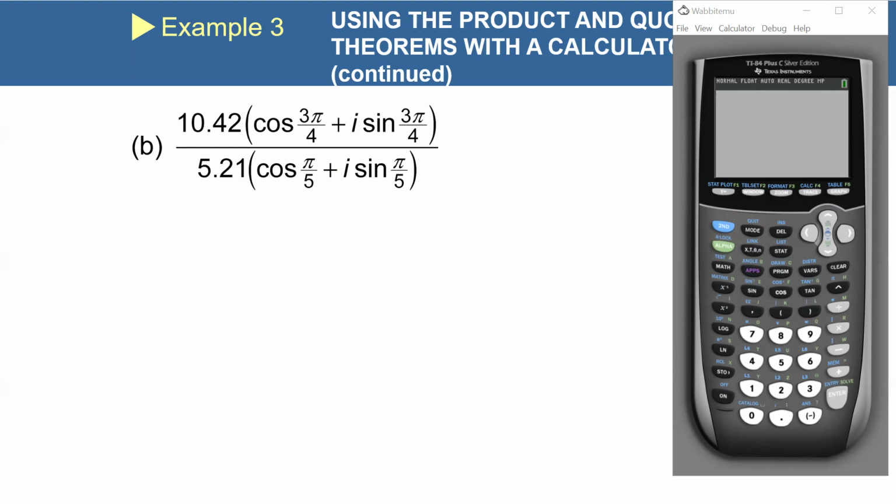Okay, because it's quotient, what are we doing with our angles and our radii? We're subtracting the angles and we are dividing the radii. R1 divided by R2. Okay, are you ready? Almost, got it.